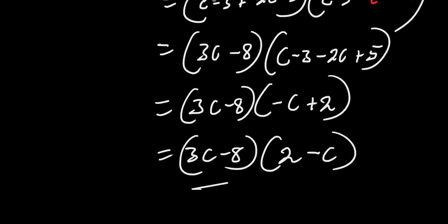So this is the final answer to this question, and I hope it makes some sense. All right, let's go on to the next question. Question 14. Over here we have (d plus 6) squared minus (4d minus 3) squared.